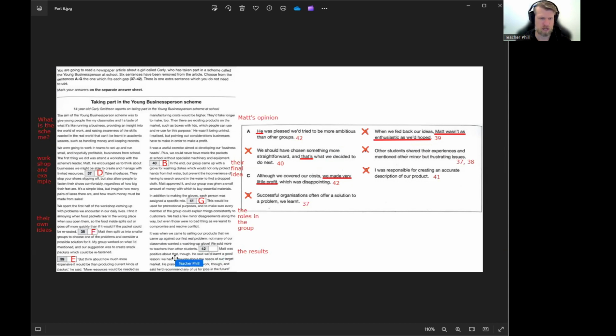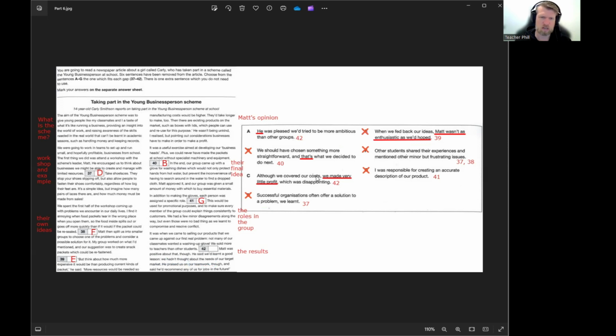Matt was positive about that, though. So though is also a contrast. So I think in the gap, there should be something that is not that positive. So when we say he was pleased, and then he was positive though, that doesn't make sense in my opinion.